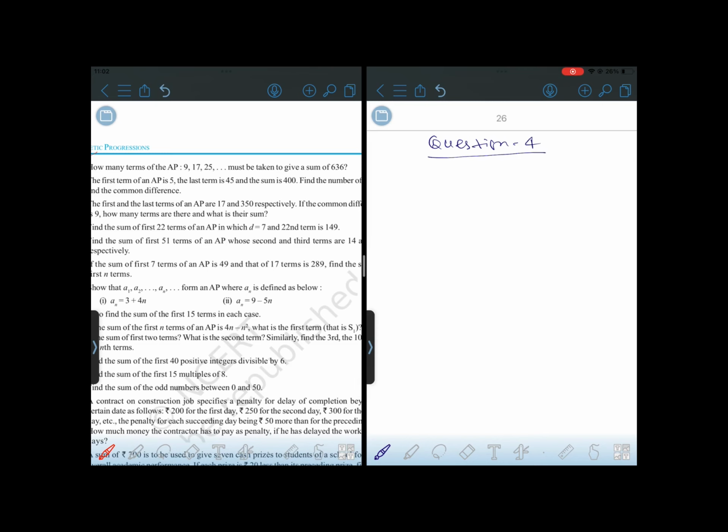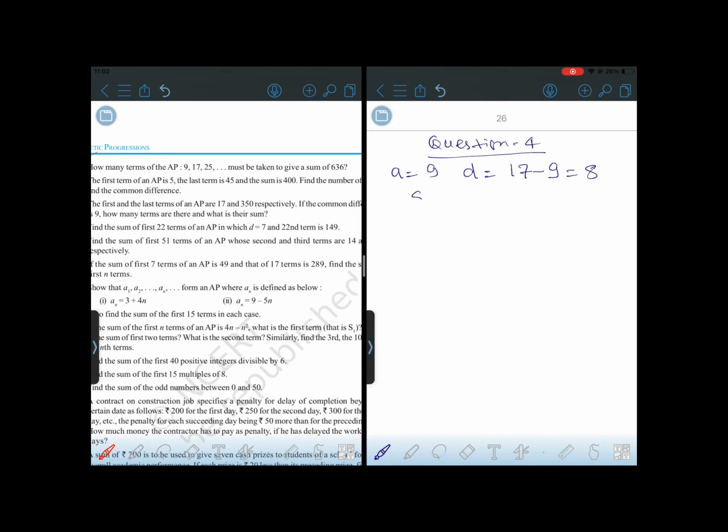So here we are given the AP, and from the AP we can infer that first term is 9, and the common difference is 17 minus 9, that is 8. So these two things we can infer directly.